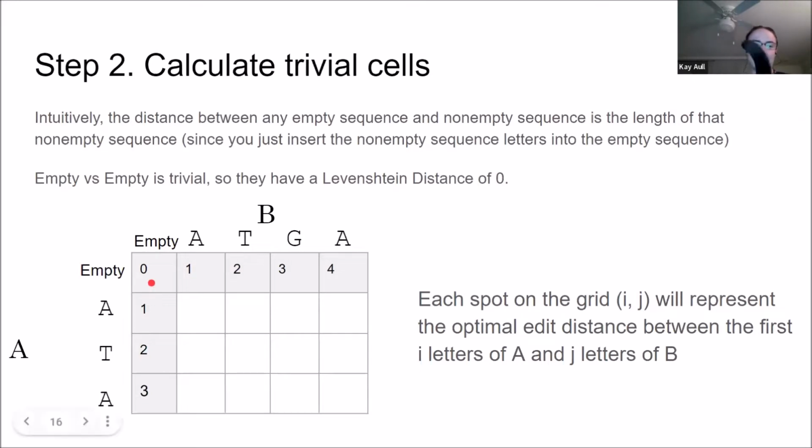I move forward, and then I am not taking anything from my A sequence, but I am taking a thing from my B sequence. That would be opening up another gap. It would be dash A for the first sequence and A dash for the other. So that would end up with an edit distance of 2.